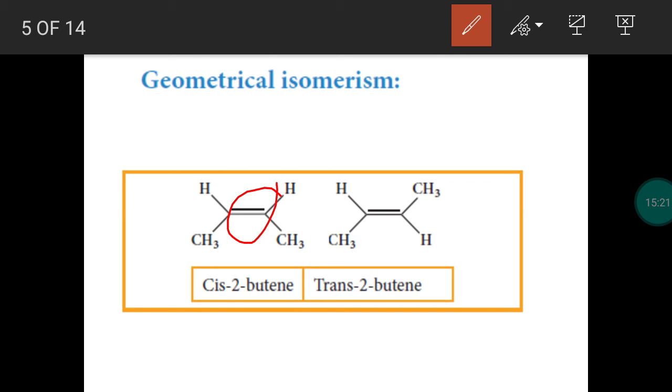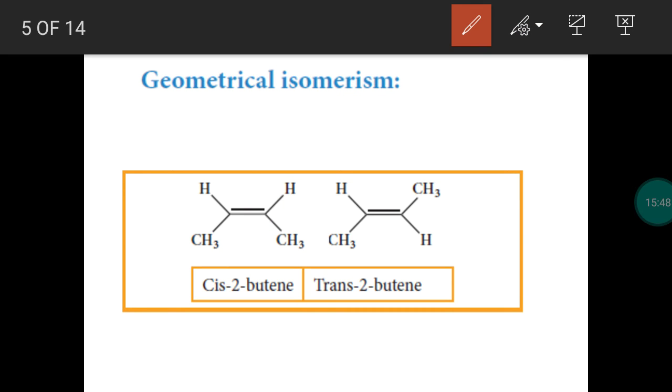This is called geometrical isomerism or cis-trans isomerism. Both compounds have the same molecular formula C4H8, but the arrangement of atoms or groups will be different in space, in 3 dimensions. So they are stereoisomers.